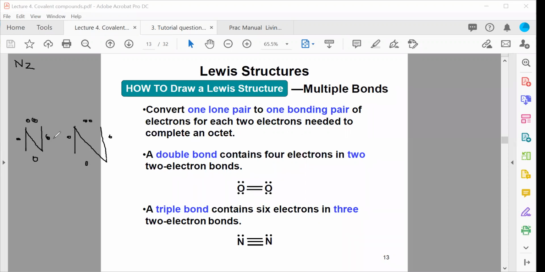All right. So once again, if we only use a single covalent bond here, each nitrogen would only be surrounded by 2, 4, 6.